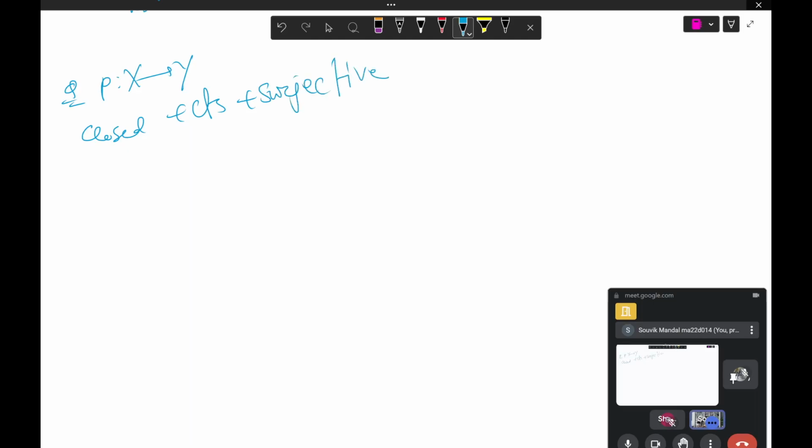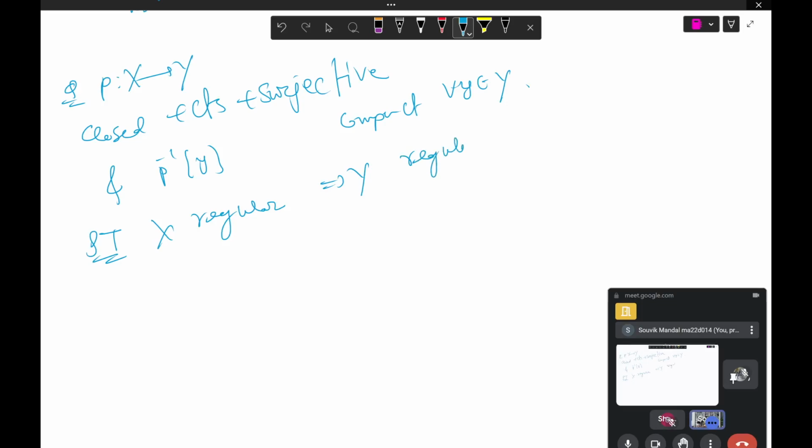Nice. So, for the next problem, it is almost similar. P from X to Y is given to be closed, continuous, surjective, and P inverse of the singleton y is compact for all y belonging to Y. Show that X regular implies Y regular.